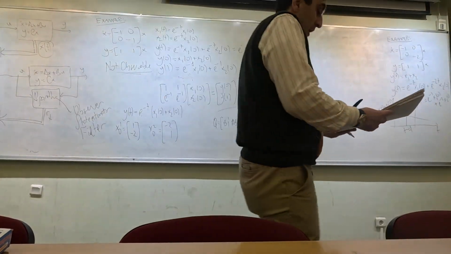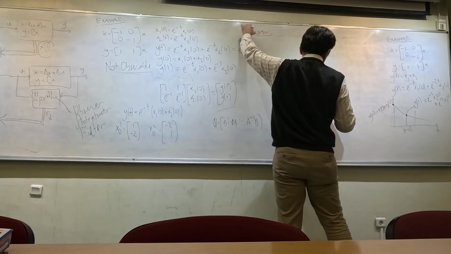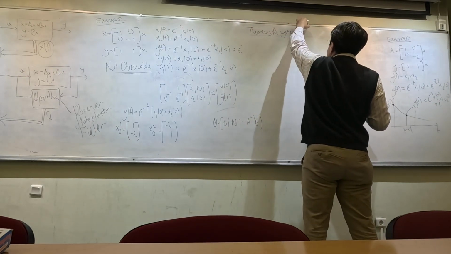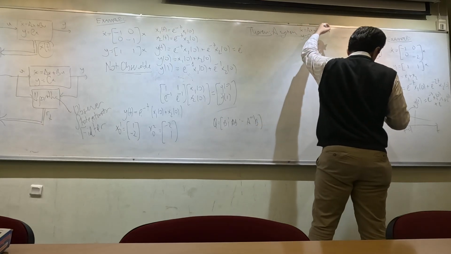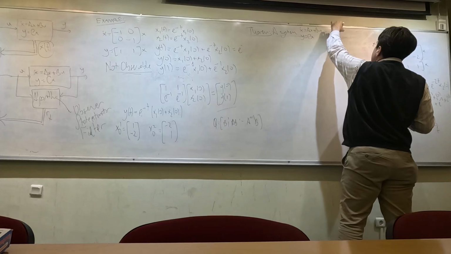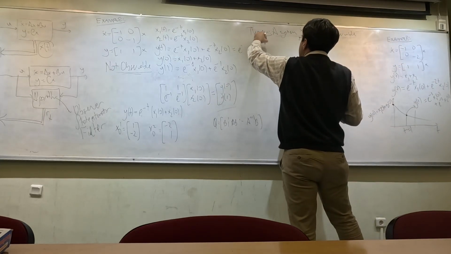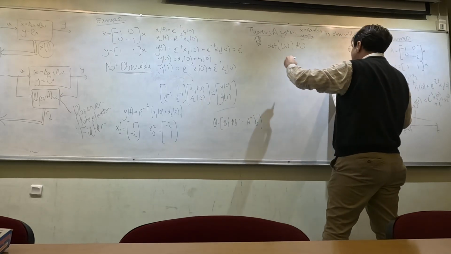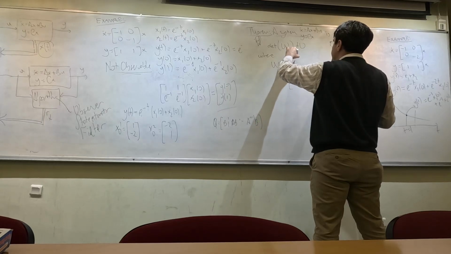Okay? And now we are going to write this as a theorem. A system x dot is equal to Ax plus Bu and y is equal to Cx is observable if and only if the determinant of some matrix W is not equal to 0, where W is formed as follows.